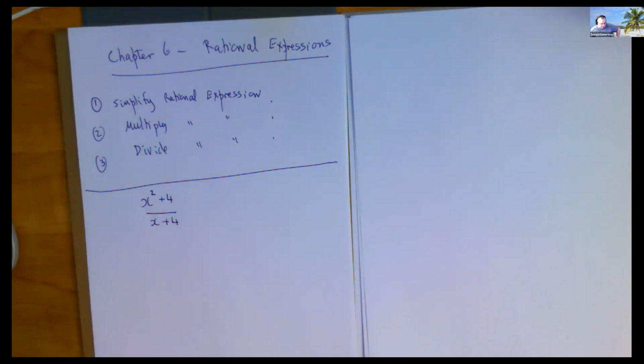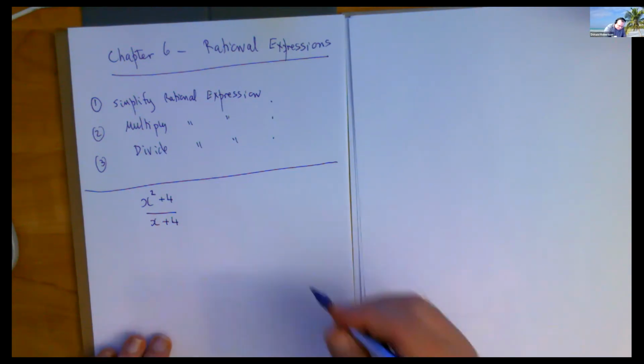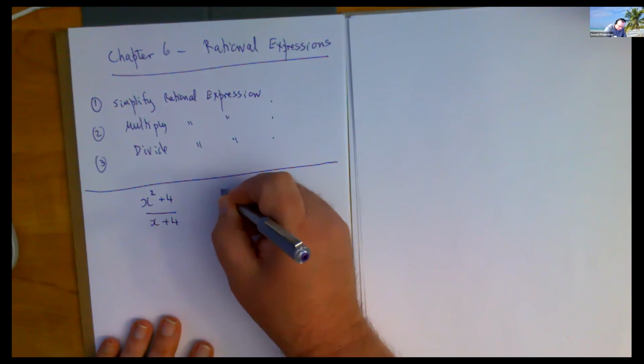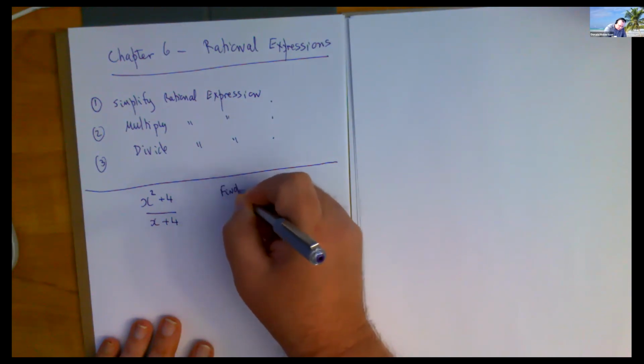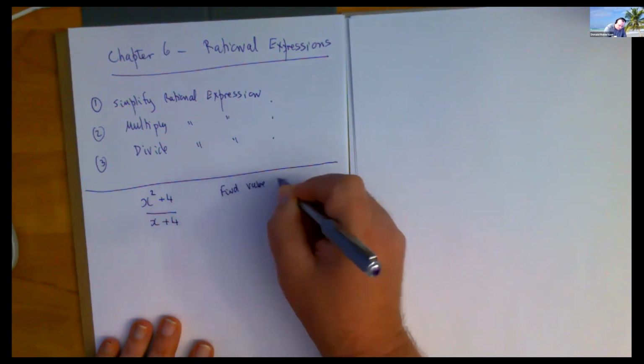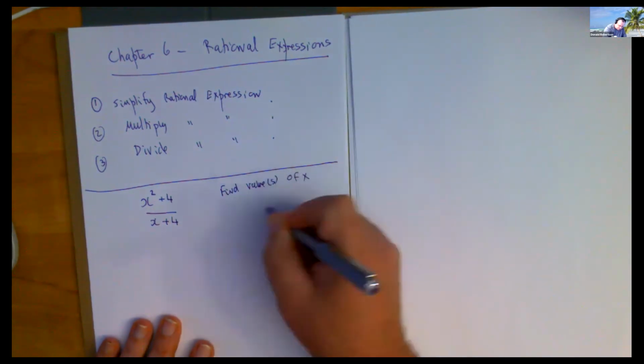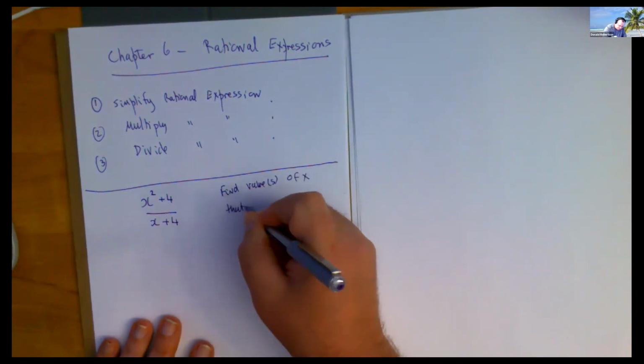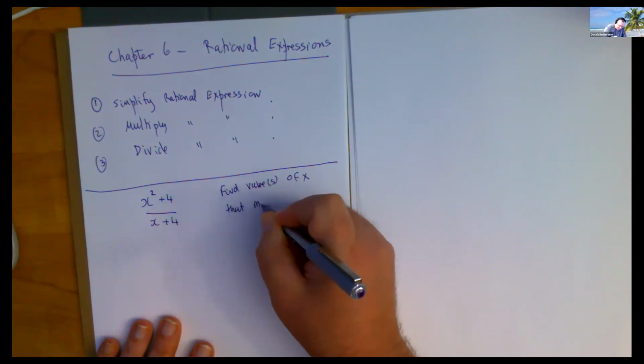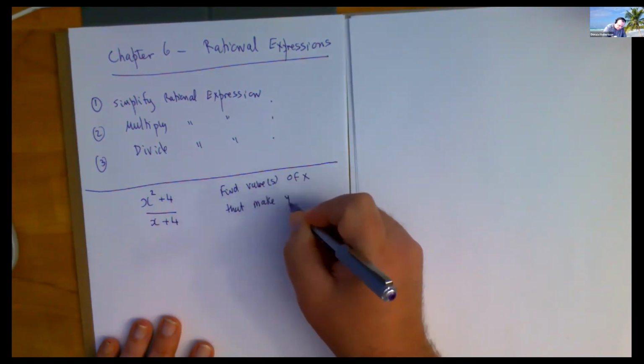It's a rational expression. Sometimes you look at a rational expression and you're asked to find the value or the values, because there might be more, of x that make your expression undefined.